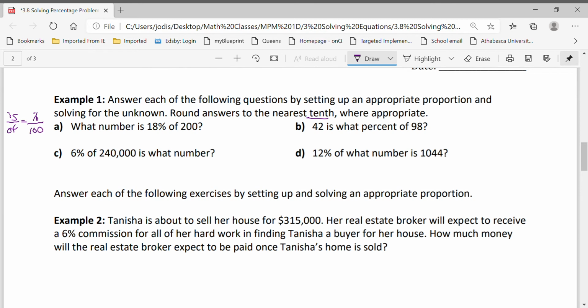So what number is 18%, right? So 18 over 200 equals the percent over 100.